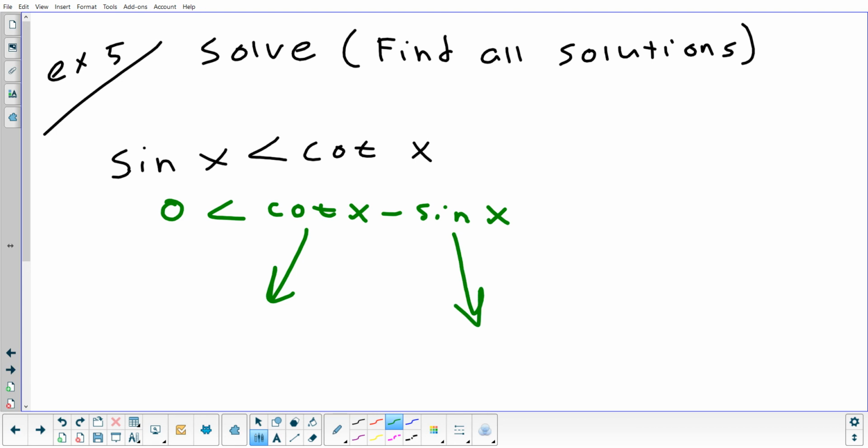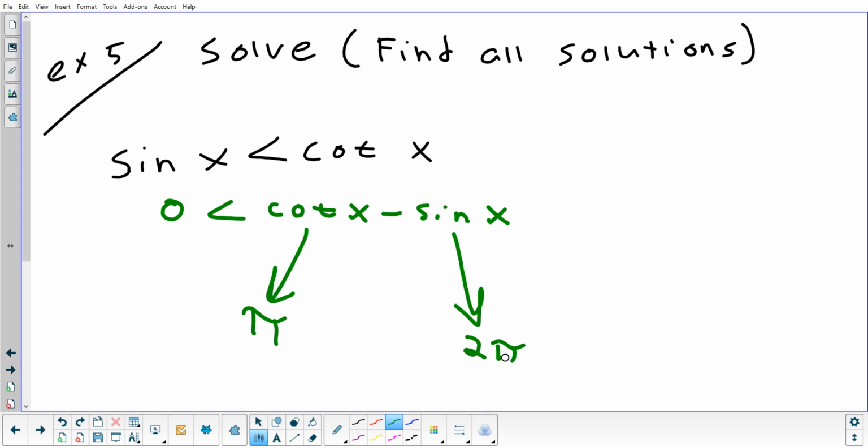What's the period of cotangent? Yep, and in this case b is 1, so just pi. And what's the period of sine? Okay, 2 pi over b.